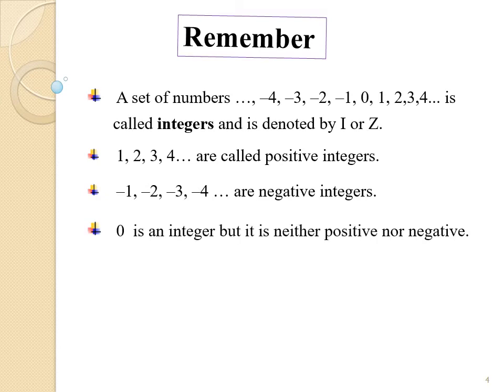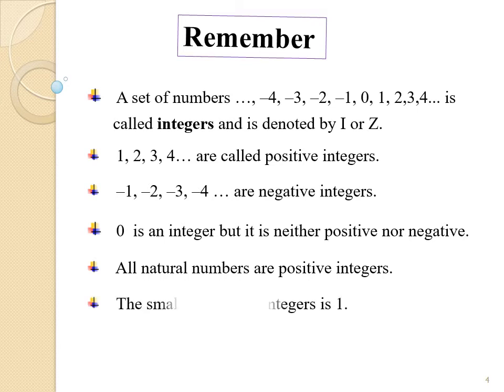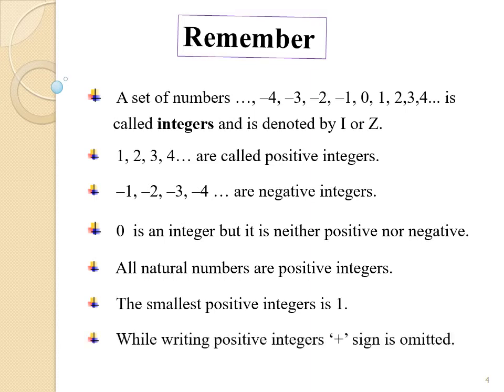All natural numbers are positive integers. The smallest positive integer is 1. While writing positive integers, the plus sign is omitted.